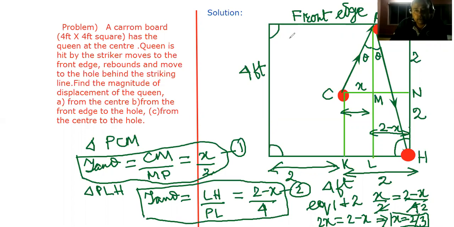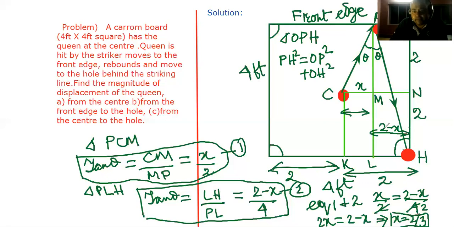So over here in triangle OPH, I can obviously write that PH square is equal to OP square plus OH square. Now what is OP?